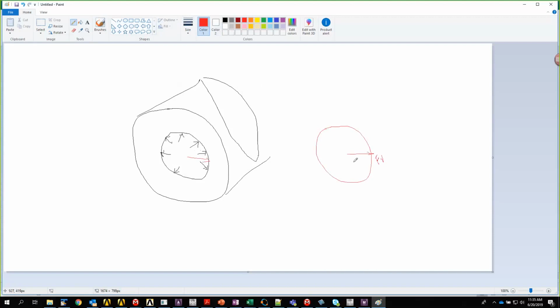Now there is a friction between the shaft and the pulley interface, which has a value of mu. Now what happens when this joint tries to slide? There will be a tangential force which gets generated, which is going to be mu times the radial force.